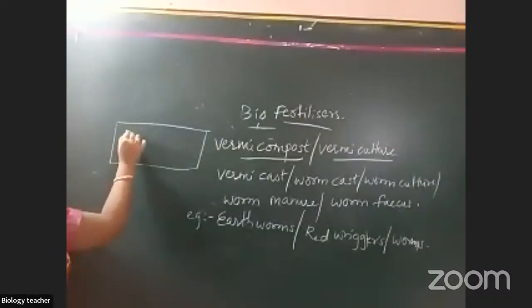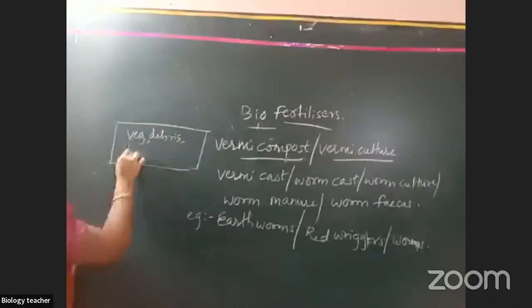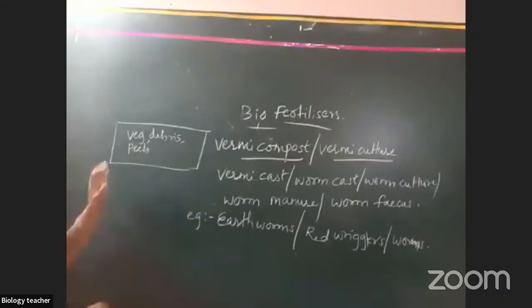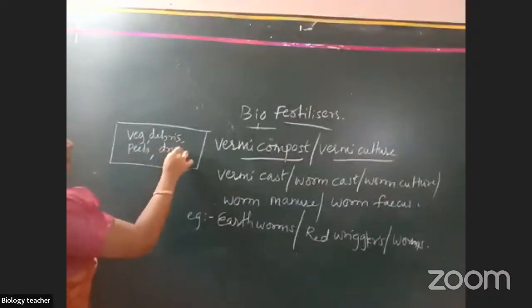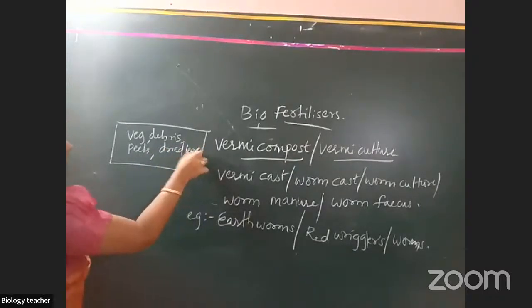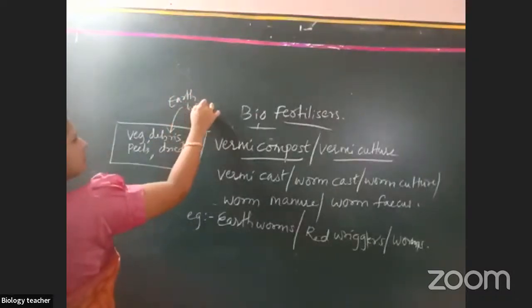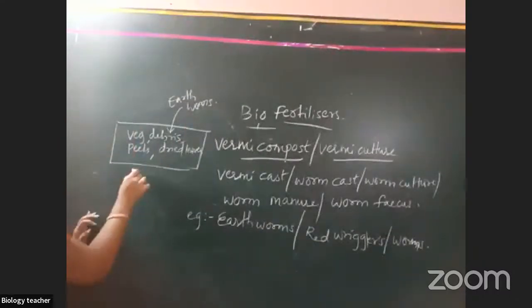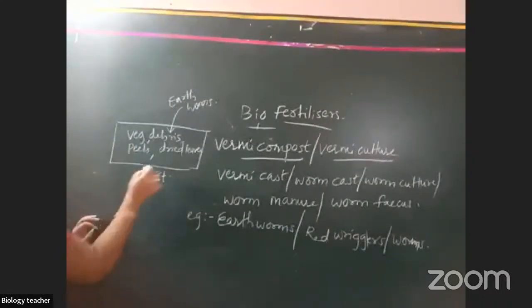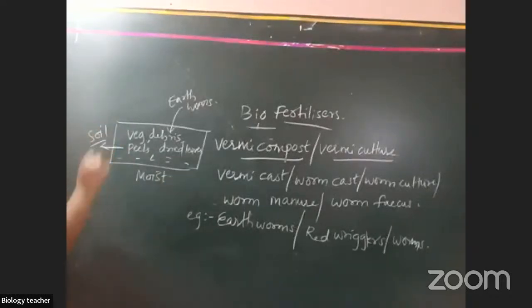And in that they will add vegetable wastes, debris, peels of fruits and also dried leaves. And in that they will add earthworms or worms, any worms. And they always keep the soil moist.